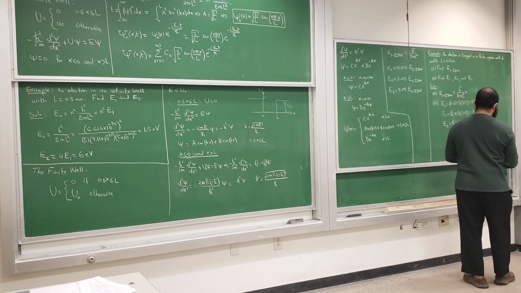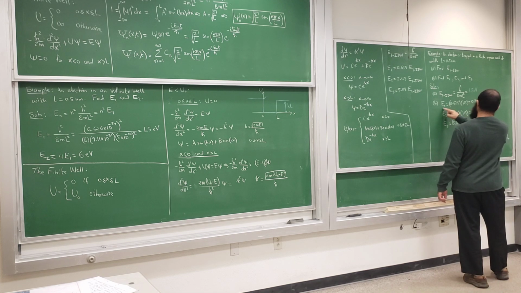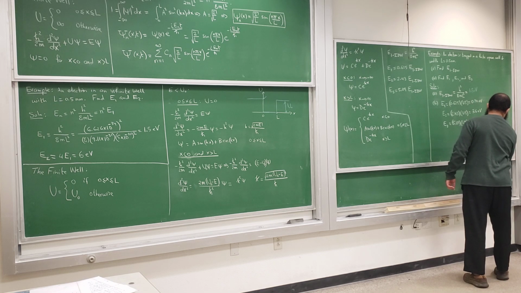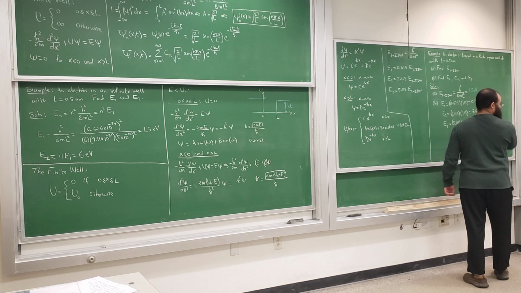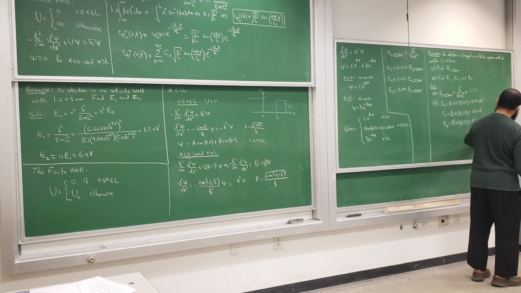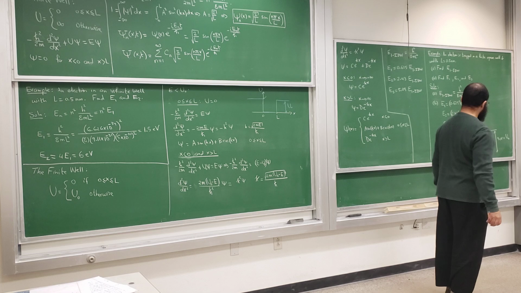E1 will be somewhere here, E2 would be here, E3 is here. E4 will exceed it. So the only bound states where the electron is trapped in this well are these first 3. If you have more, then the electron will be outside of the well.